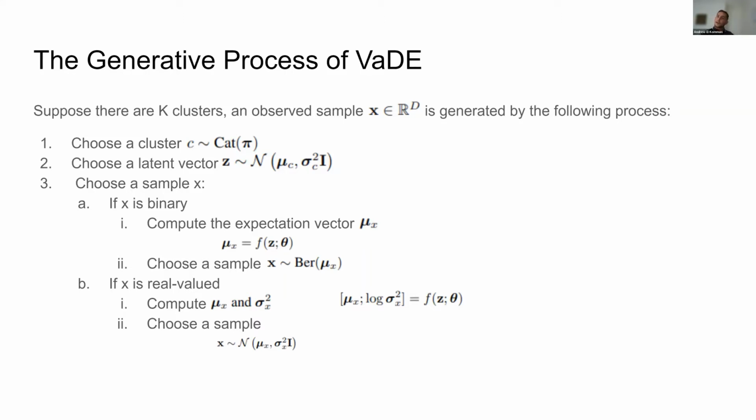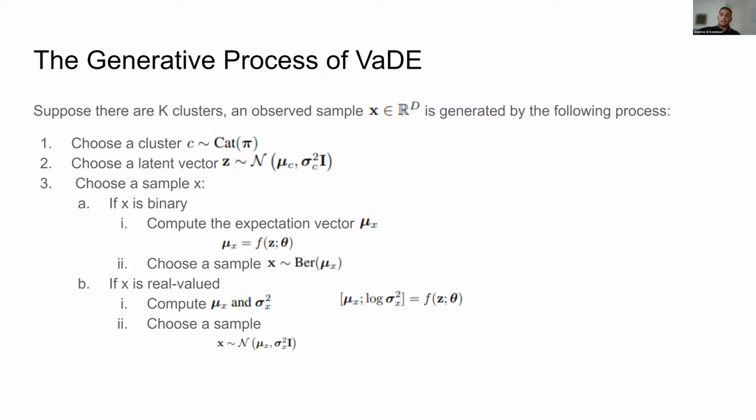For our case, we would like to look at real values, so we compute the mean and the standard deviation by passing that information into a deep neural network F. So the forward pass works on the latent vector.